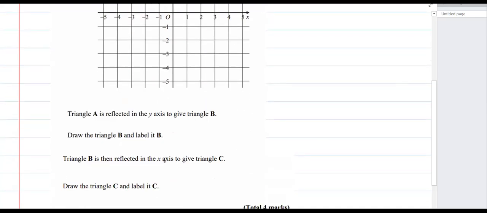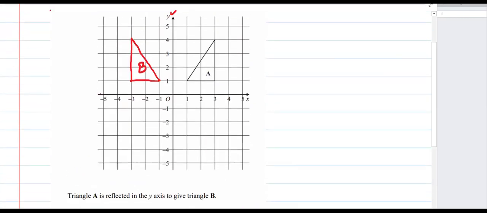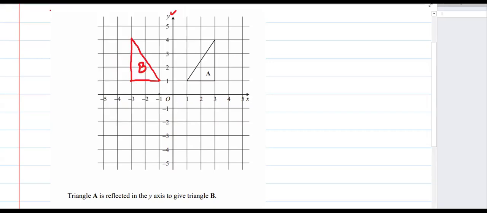And triangle B is then reflected in the x-axis to give the triangle C. B is then reflected in the x-axis. Now this is the mirror line for B. So give it a name, C, after reflection. Now let's reflect it. One step from the x-axis, so one step here. One step, so one step.